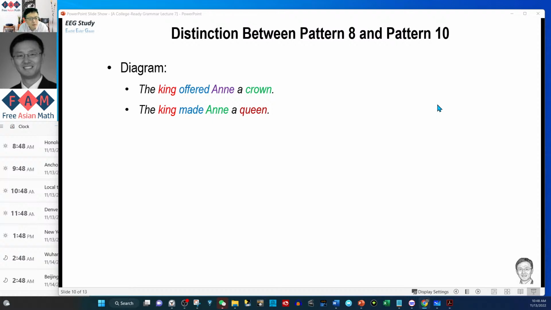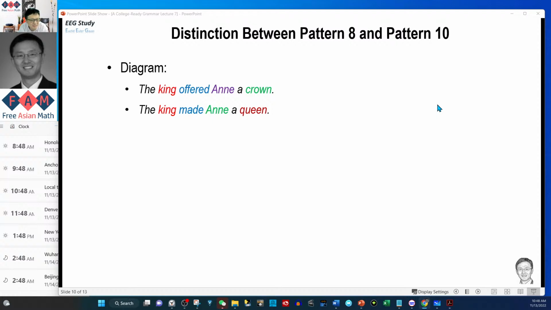The direct object is a crown, not Anne, right? The king offered Anne a crown. That's why a lot of people will get confused. You have to think carefully about what verb is involved here. It is offer. What is the direct recipient of this offer action? Offer what? Offered Anne? No, cannot be. Anne is the person, cannot be offered.